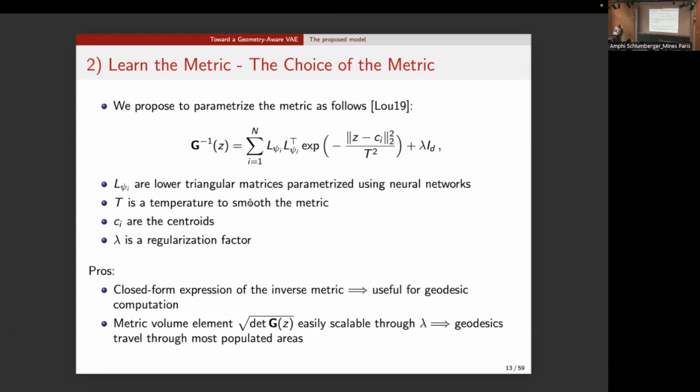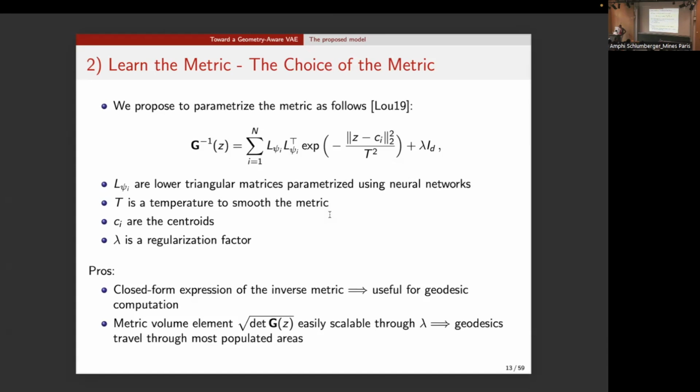There is a temperature of smoothness so that one point will have an influence on a larger or a smaller neighborhood in the latent space. So this is a hyperparameter that you have to fix. The centroids for us will be the embeddings of our data. And of course, you need to regularize, because if you don't have enough data with respect to the dimension, you need some regularization.